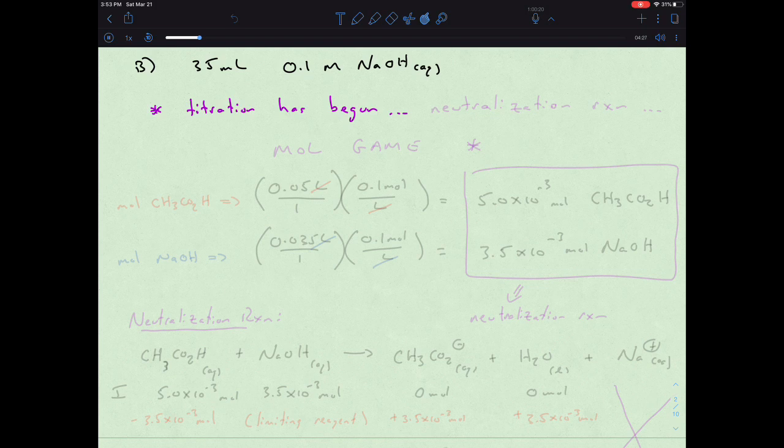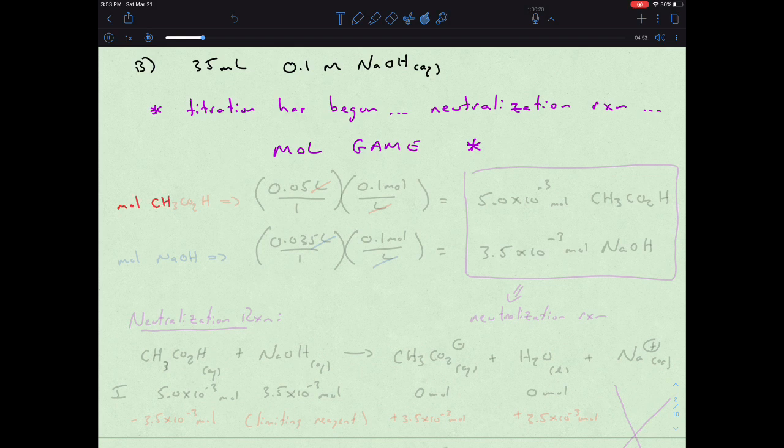Once we know that the titration has begun, this is now looking at a neutralization reaction, and that means that it is a mole game. We have to get to moles of both of the materials.